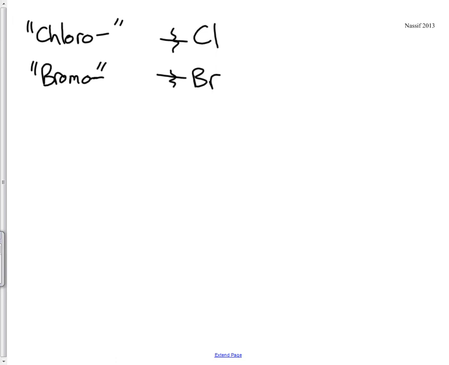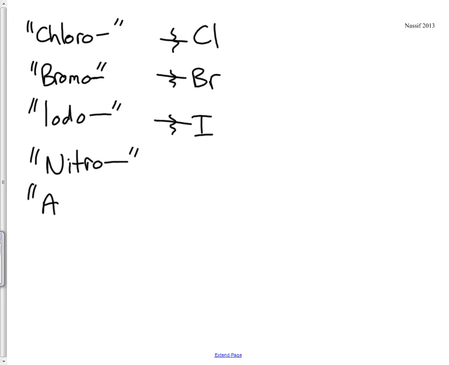And then you have your iodo. And then your nitro and your amino. Your nitro group looks like this, and your amino group looks like this.